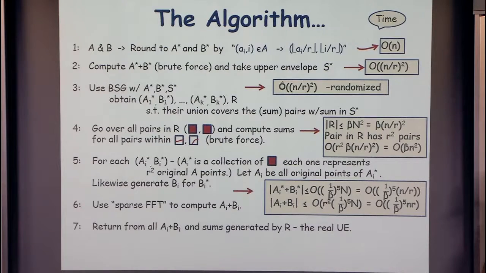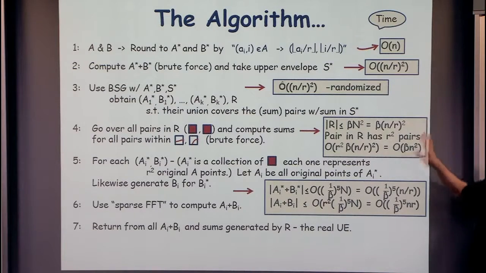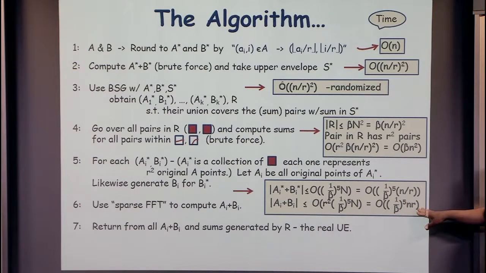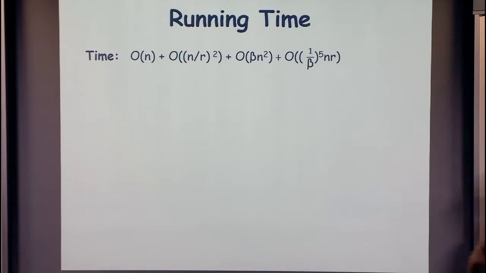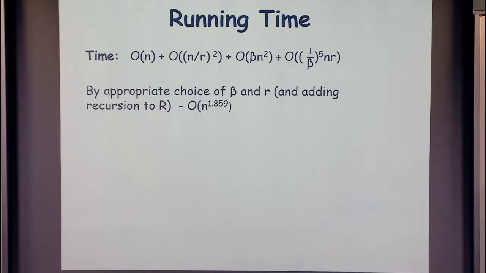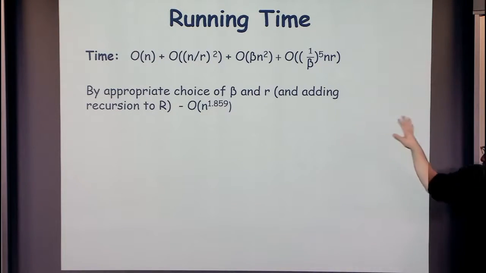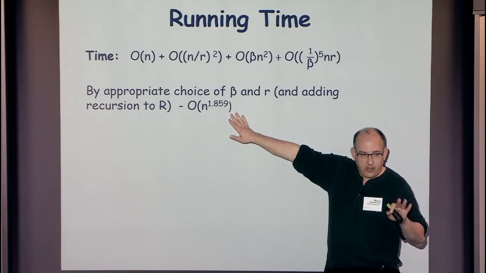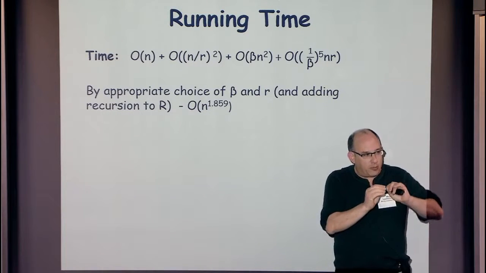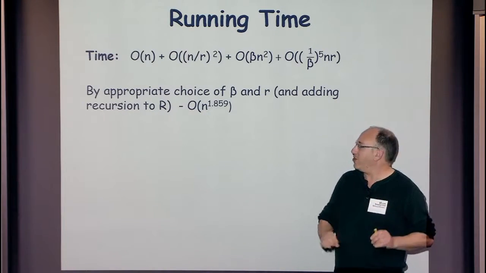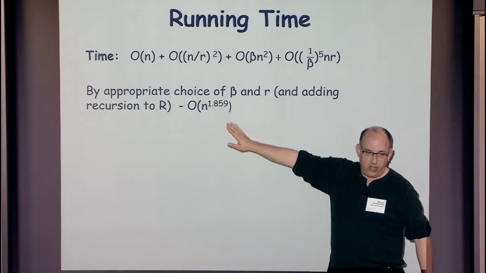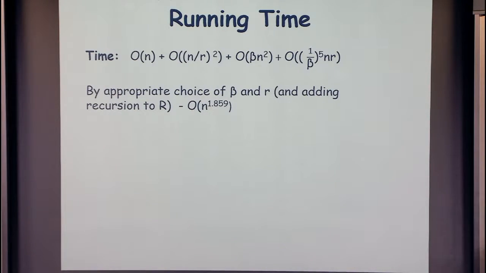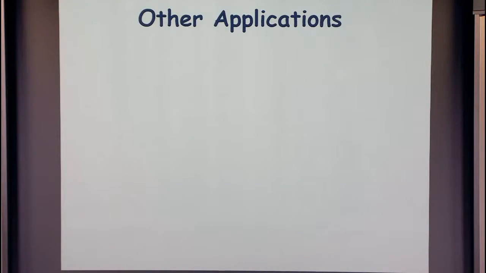Okay, so what you get here is n divided by r squared, plus 1 over beta to the 5th n divided by r, plus beta of n squared. Putting all these together and sticking in the correct beta and r, and forgetting about adding recursion to r, you get a solution which is n to the 1.86 something. If you tighten the screws a little by adding recursion, you can come down a little bit further, and you get n to the 1.859, which we mentioned. So that's the result.